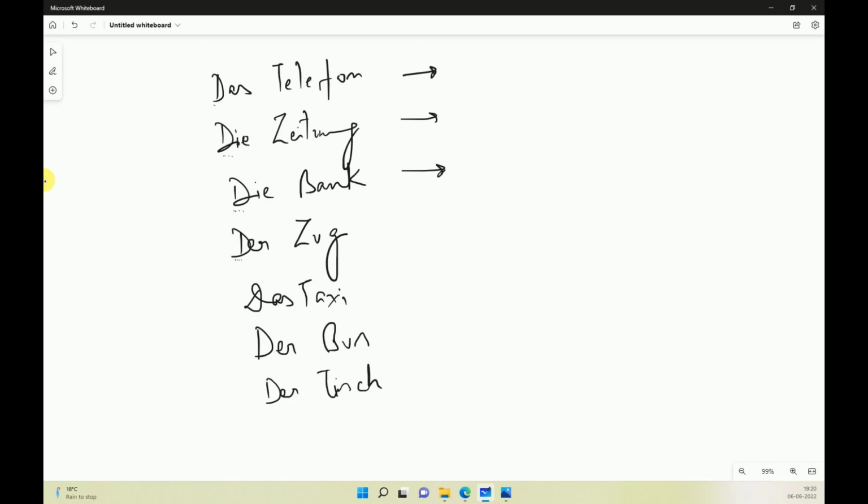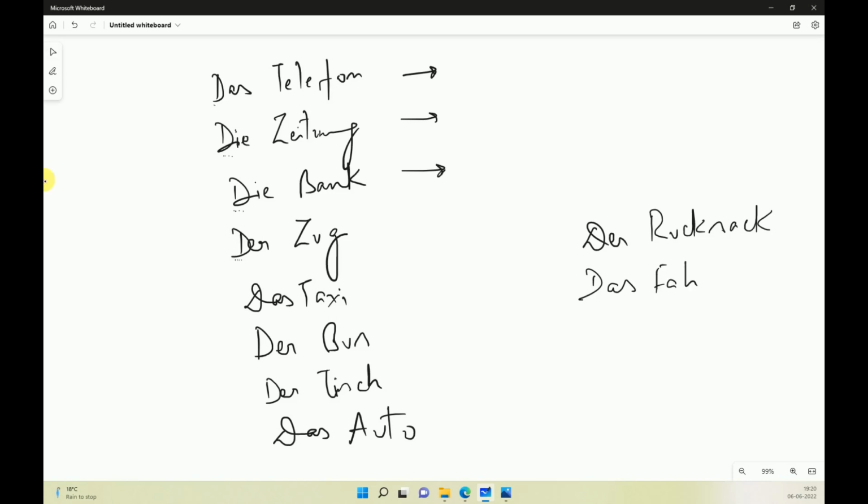And we can have das also. Yes, you are absolutely right. Das Auto. Der Rucksack. Perfect. You're sure about der? Yes. Das Fahrrad. Perfect. By the way, Fahrrad means bicycle, right?